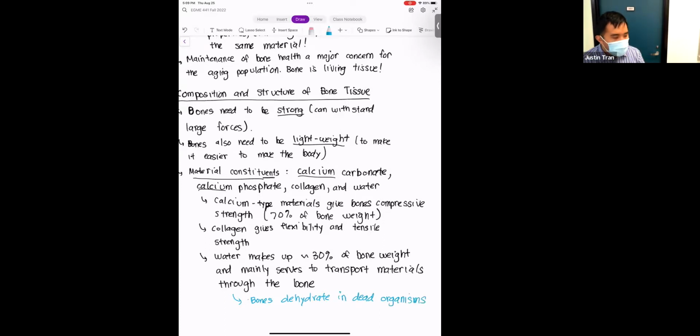And so a lot of the benefits of the water go away once the animal has passed away. And the collagen actually gets very stiff as well.